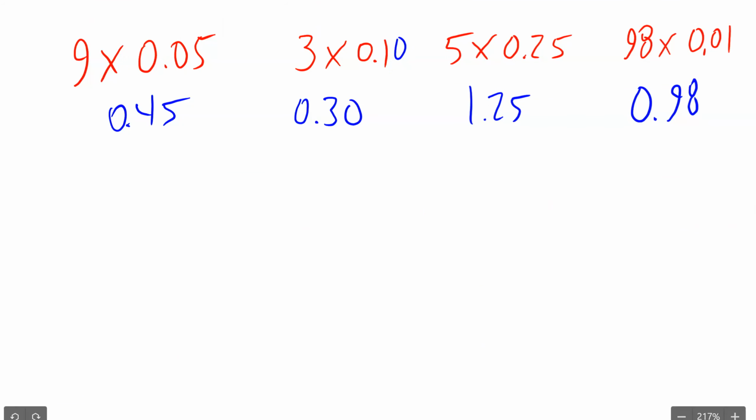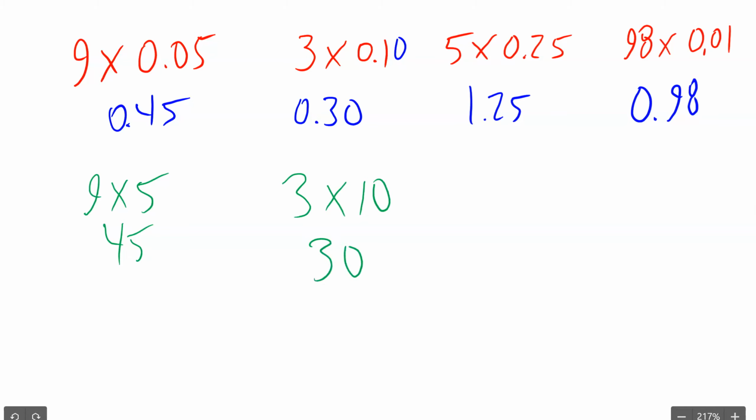Looking back at our original problems that we used to introduce this concept, here I have 9 times 5/100ths, but if I had 9 whole numbers, 9 times 5, what would my answer be? And that's right, 45. 3 times 10, 30, 5 times 25, that's right, 125, and 98 times 1, of course, is 98.